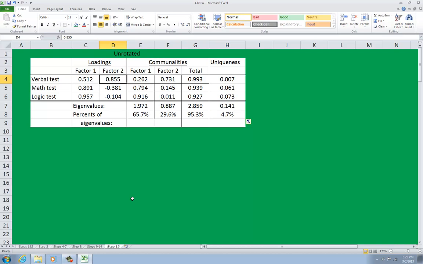Logic loads strongly on the quantitative factor, but it's even better when you look at a vector plot, but also slightly related to the verbal factor, as we'll see in the rotated vector plot on page 163.